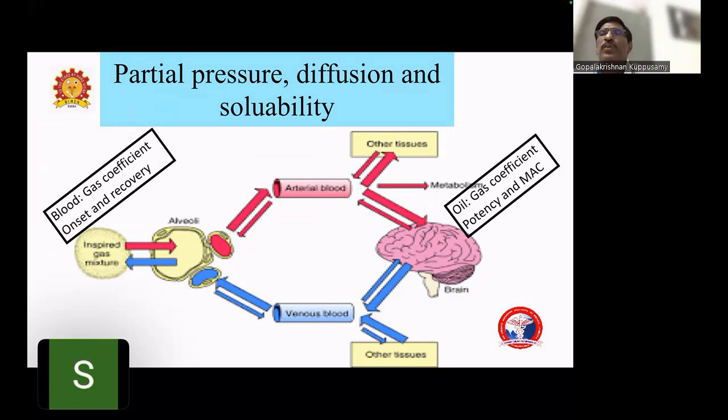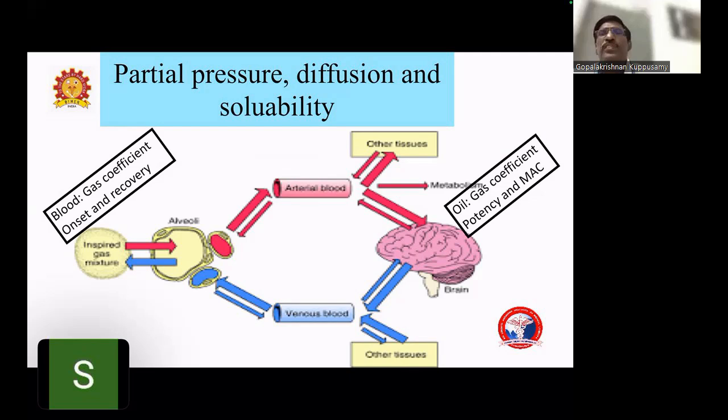If the gas is more soluble like ether, it will immediately dissolve and the partial pressure rises slowly. If you take nitrogen or some other gases, if the solubility is less, they quickly reach the partial pressure. In other words, the blood gas coefficient determines the onset rate. If it is very low, the onset will be quick.